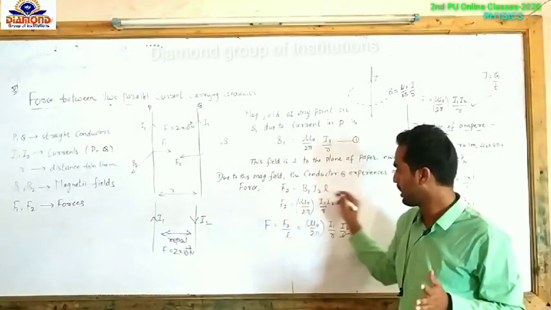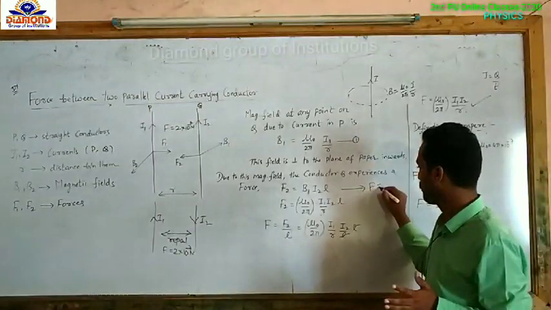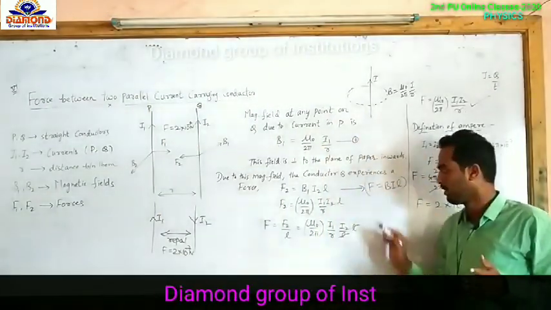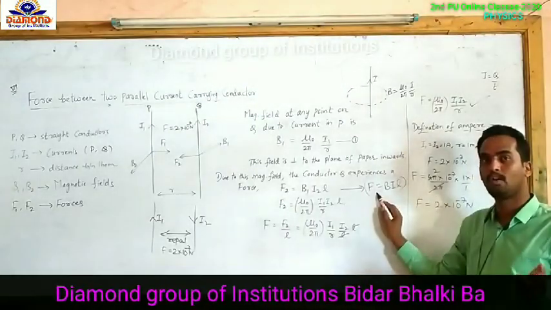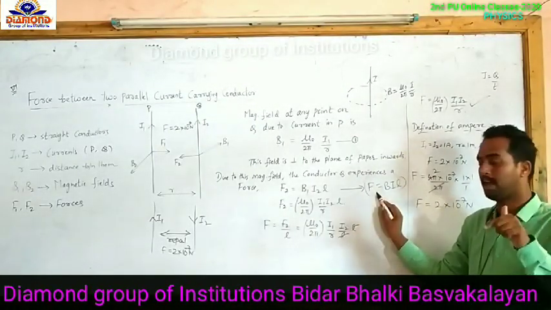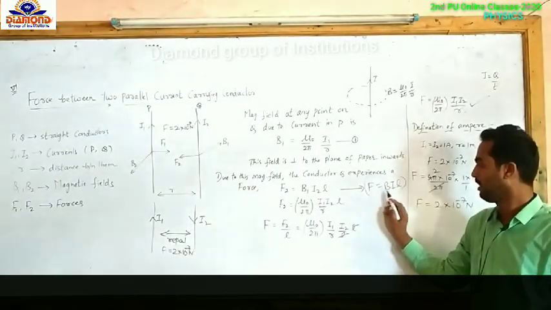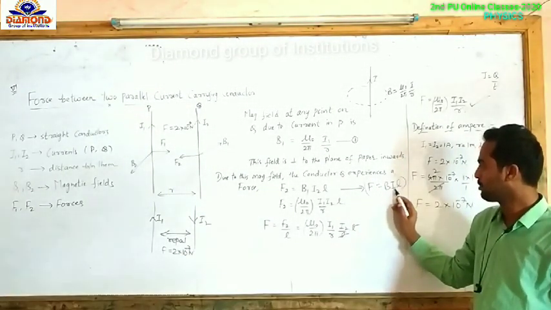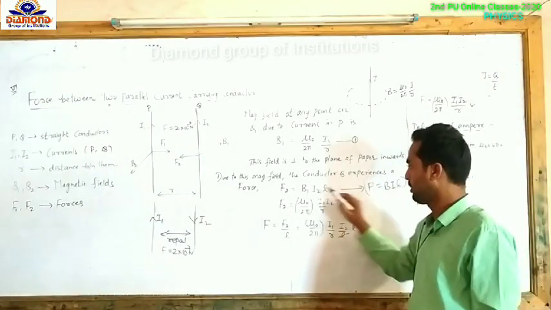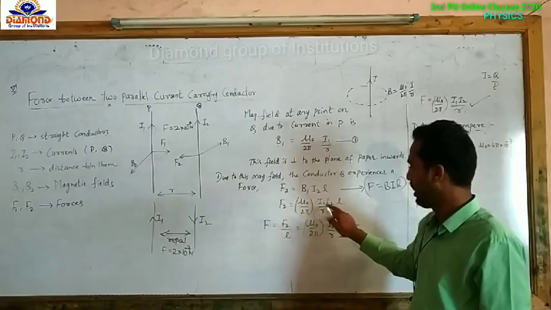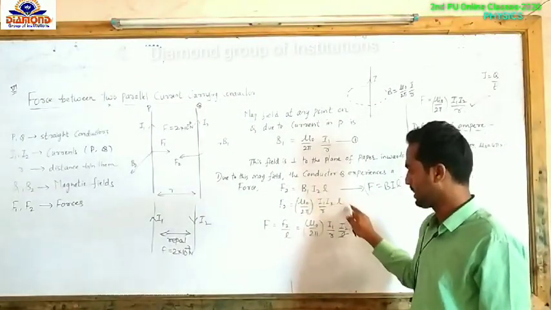Generally this is based on the formula we already read, BIL, force acting on a current carrying conductor. So F equal to B into I into L. What is the B1 value here? Mu naught by 2 pi into I1 by R. I2 as it is, L as it is.